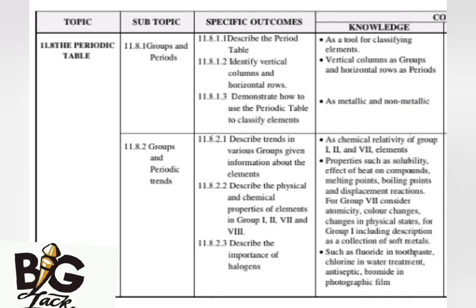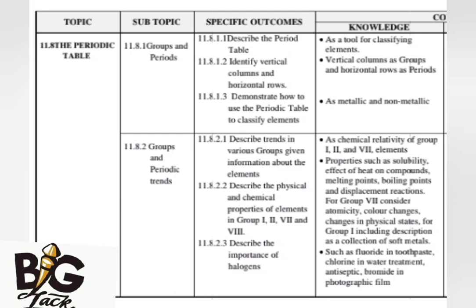For group 4 up to group 8, for you to know their valence, you subtract the number of electrons in the outermost shell from 8. They can also ask you to demonstrate how to deduce the valence of an element.